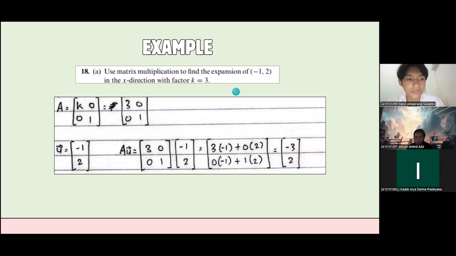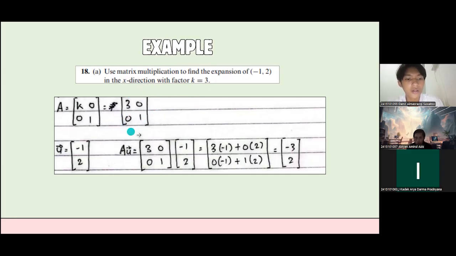So first of all, like before, we define the standard basis, and then substitute the factor k into the formula of the basis vector of expansion.